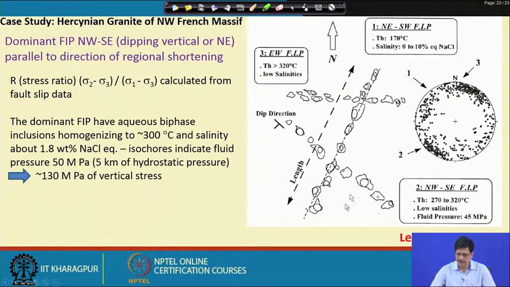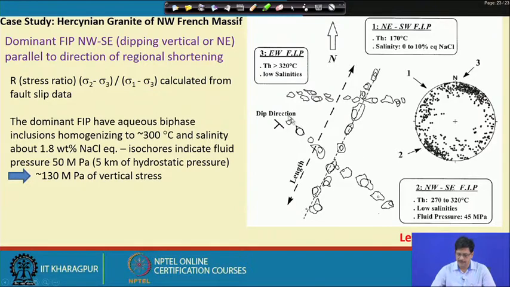In this diagram, it represents that there are many different fluid inclusion planes oriented in many different directions, out of which the northwest-southeast fluid inclusion planes with almost vertical to subvertical dip are the most prominent, although there are later episodes of hydrofracturing or brittle fracturing and opening up of this mode 1 kind of fracture, giving rise to fluid inclusion planes in later stages.